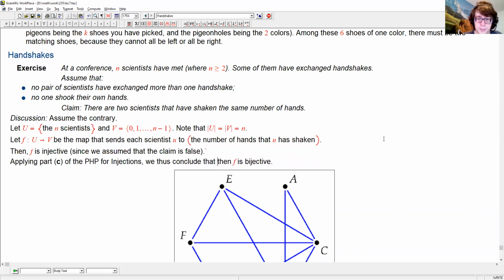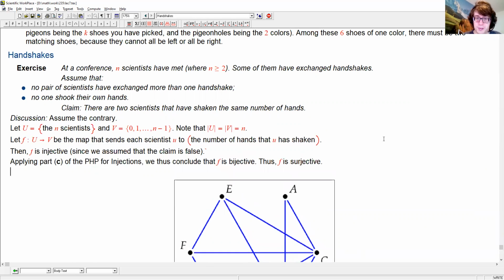And therefore, using the pigeonhole principle, we conclude that F is bijective. Thus, F is surjective. Hence, there is a scientist A with F of A equals 0, because 0 is in V. And there is a scientist B with F of B equals n minus 1, because n minus 1 is in V.